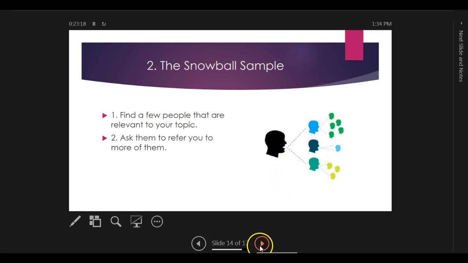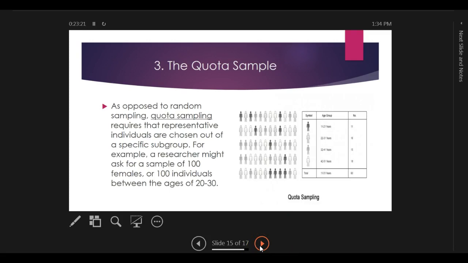Okay, that's number 2. And then number 3 is quota sampling. So if your research is really looking for specific things, for example you're concerned about age group, you want to state a quota of, I want 5 from 11 to 12 years old, I want 6 from 22 to 31 years old. Or you can state a quota of, I want 10 females and 10 males.